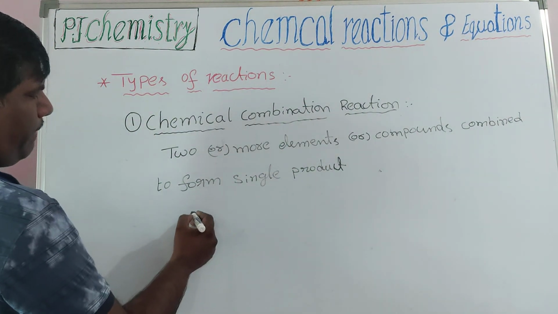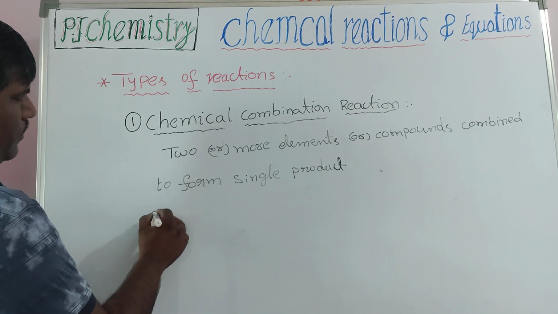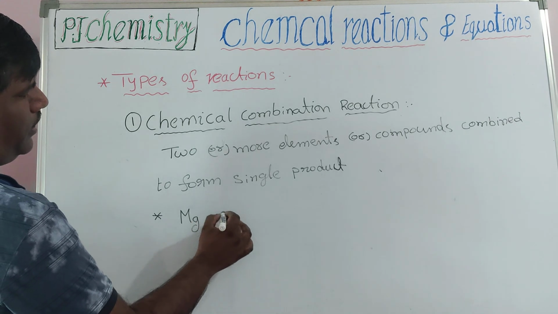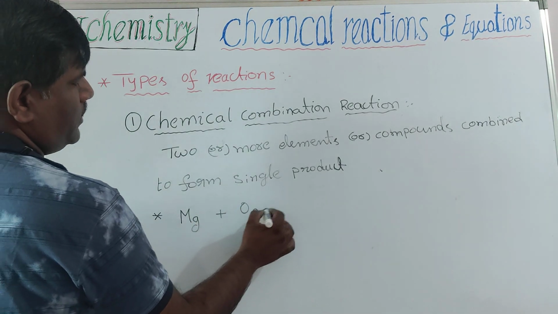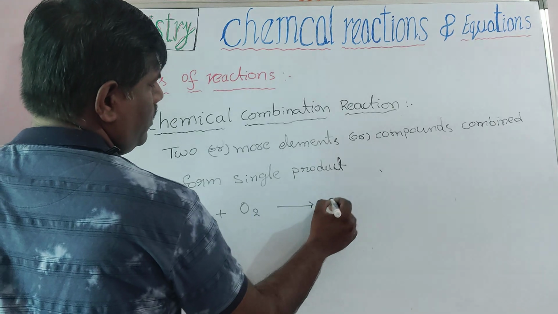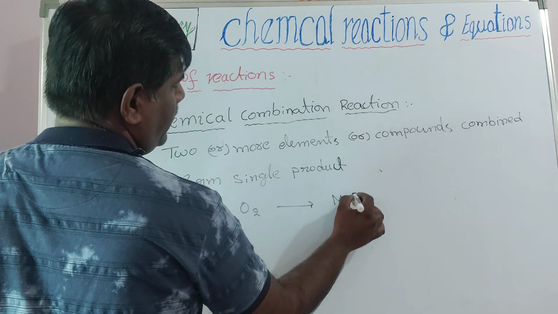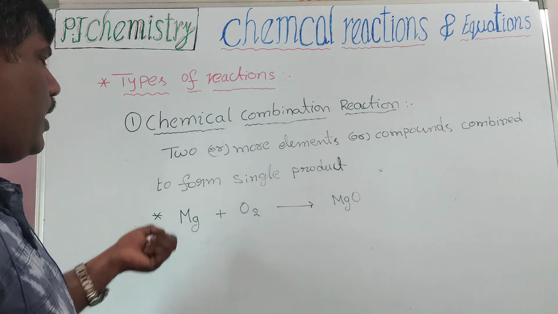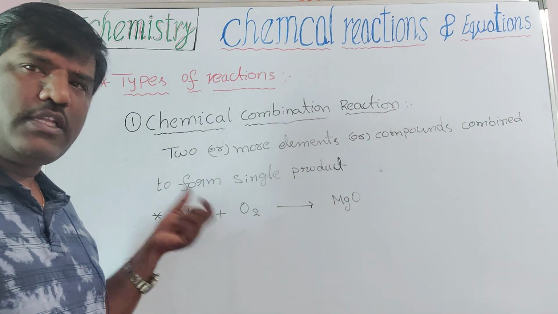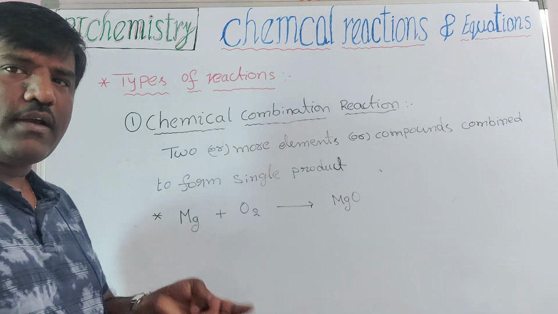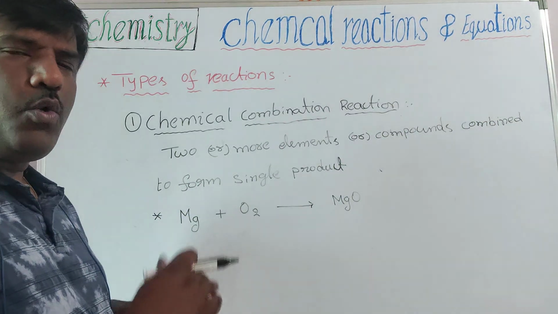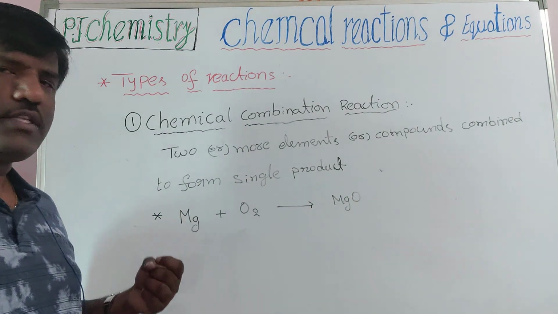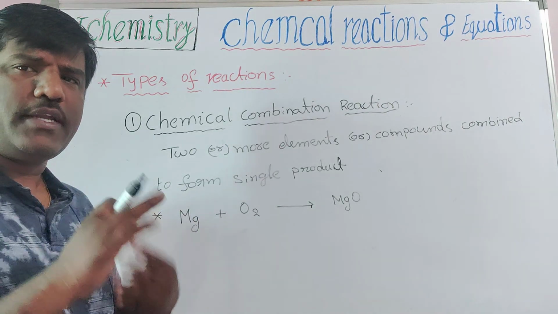For example, when magnesium burns in the presence of oxygen, it forms magnesium oxide. Like crackers while burning release dazzling bright light, in the same way, magnesium burning in the presence of oxygen liberates dazzling bright light.